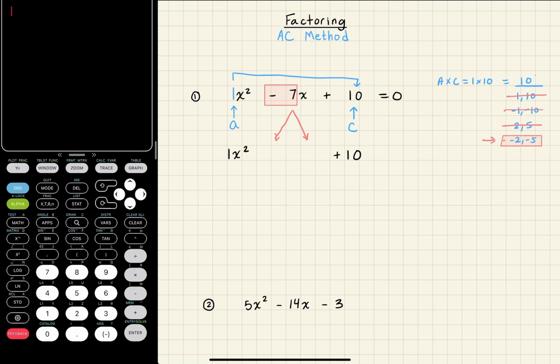So instead of writing a negative 7x, I'm going to write a minus 2x minus 5x. And again, negative 2 minus 5 is a negative 7, so we haven't really changed anything. We've just split 7 up into two different numbers. Now look at what we have here. We have 4 terms. This is a factoring by grouping problem.